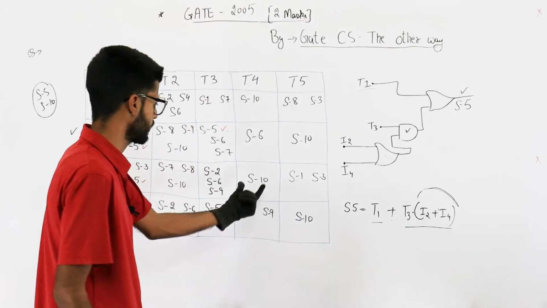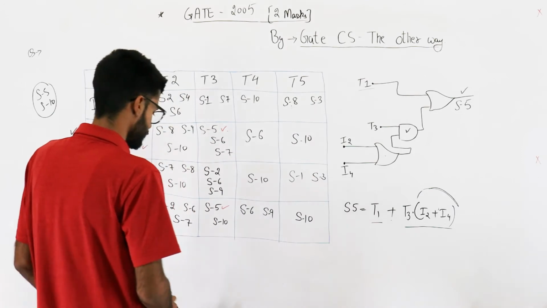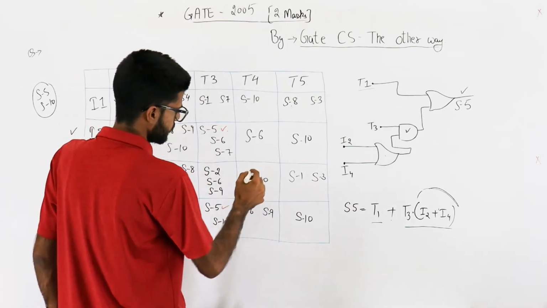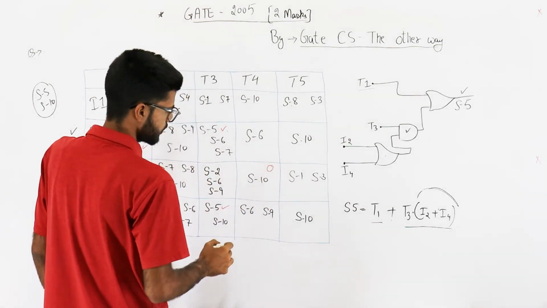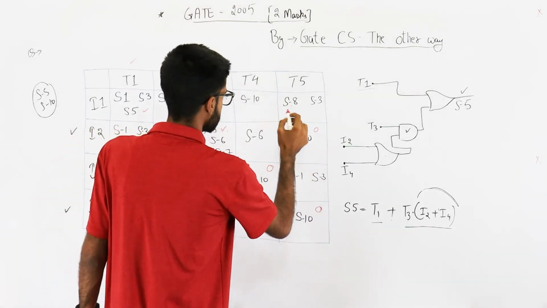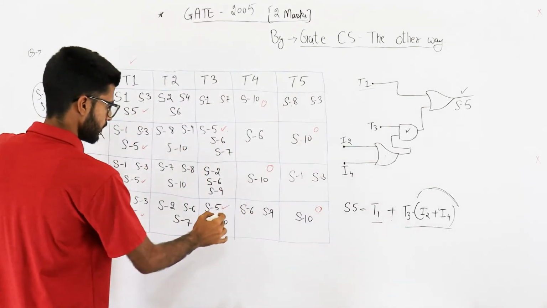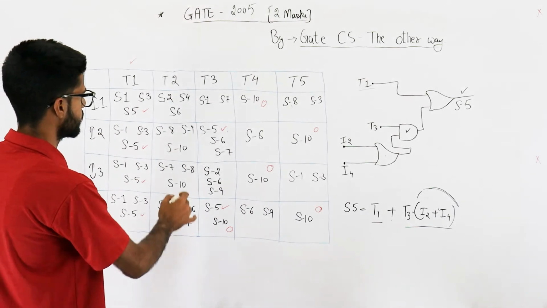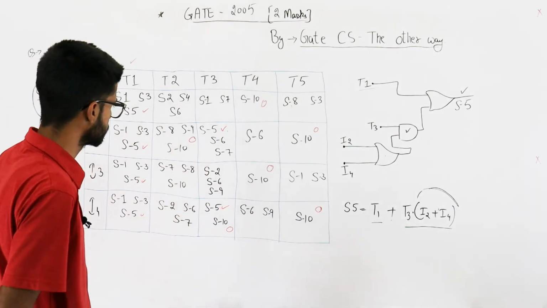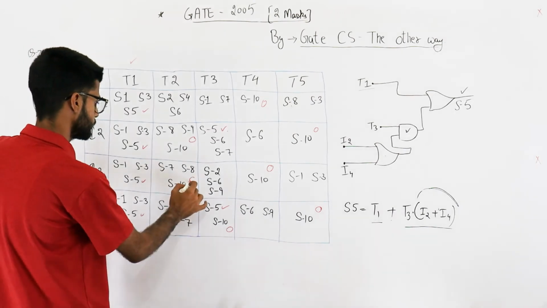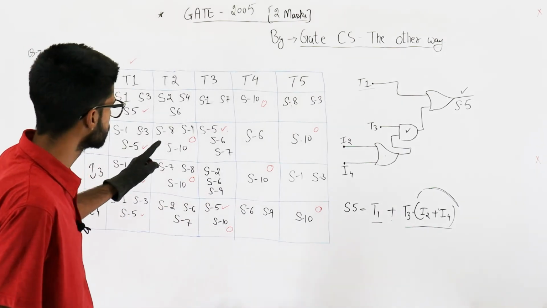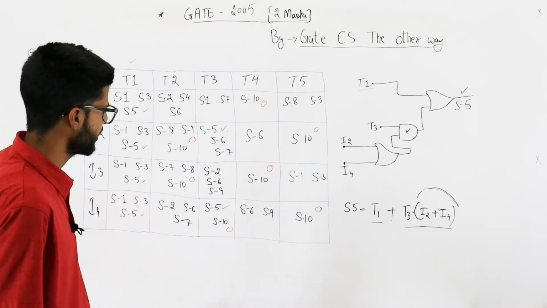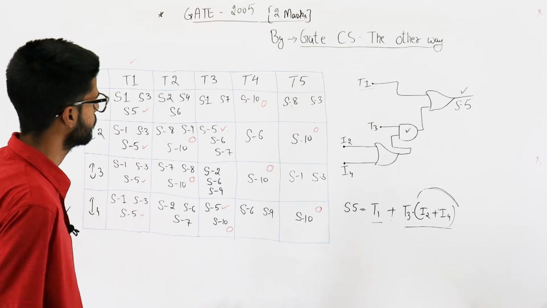Now let's analyze S10. Let me draw a circle for S10. This is S10. This is S10. This is S10. This is S10. Here we also have S10. Where else do we have S10? I guess here. Here also. Hopefully I'm not missing anything now.